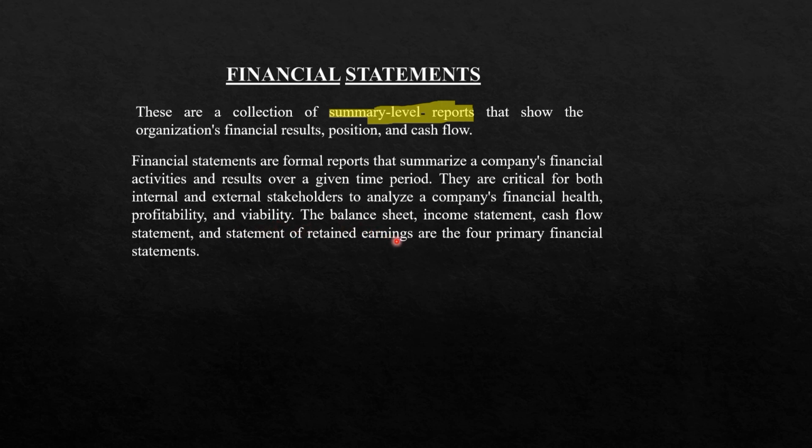The balance sheet, income statement, cash flow statement, and the statement of retained earnings are the four primary financial statements, and these are the things that I talked about earlier on. So, a user of financial statements can be external or internal. Now here they're talking about the internal and the external stakeholders.